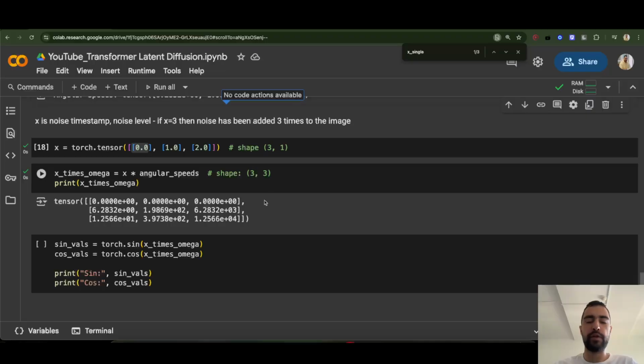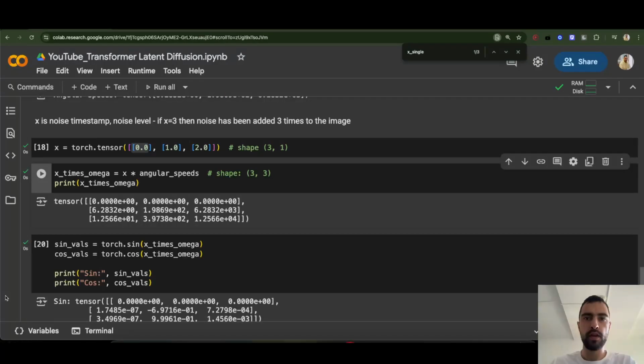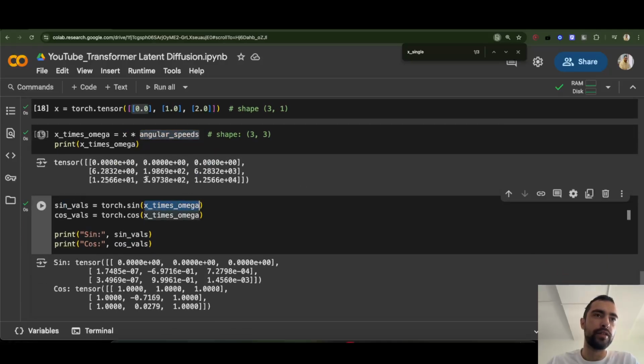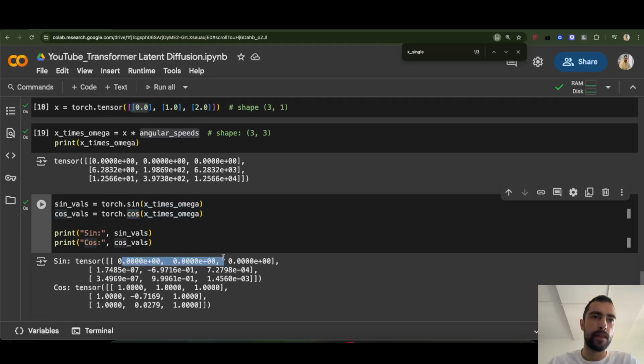We'll be able to extract data better from it than just passing this scalar number. After we have these 3 tensors, x times angular speeds, then we will take sine values of these tensors and cosine values here and here and here and here and here and here.